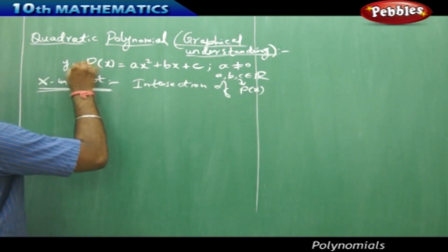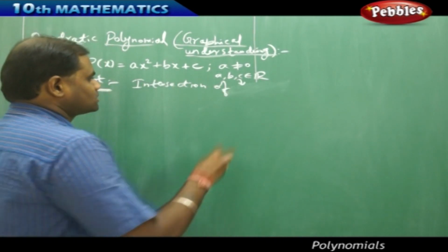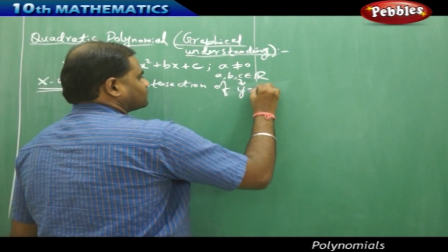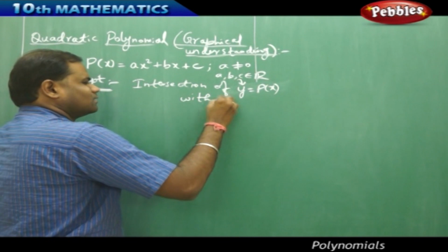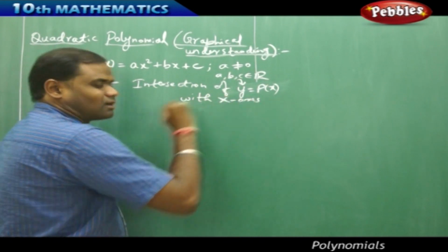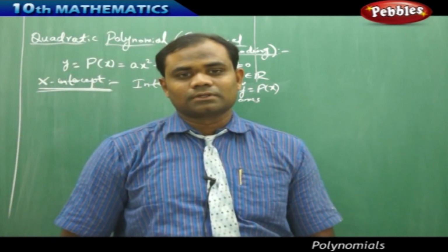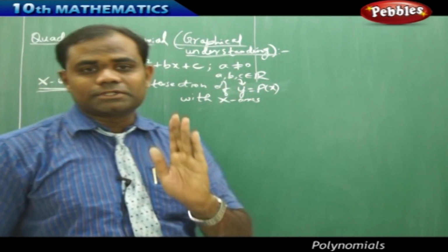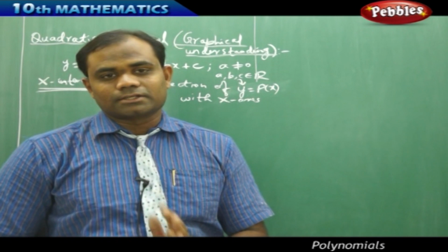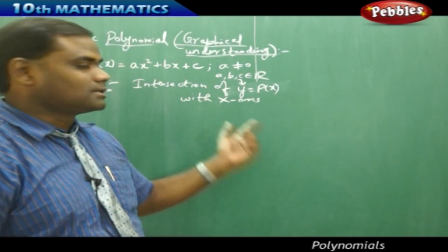If I take this as y, this is the intersection of y is equal to p of x with the x-axis, is how I understand the x-intercept. The curve, the quadratic polynomial which cuts the x-axis, those intersection points are called x-intercepts.